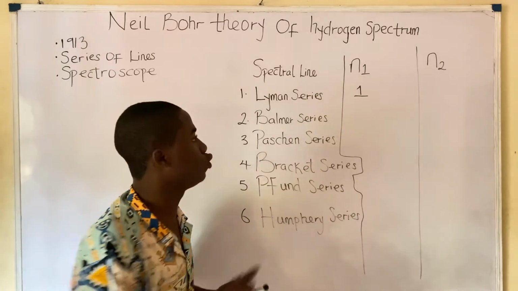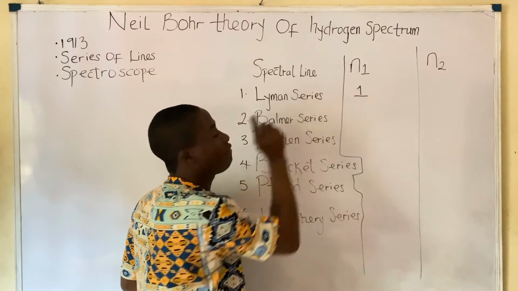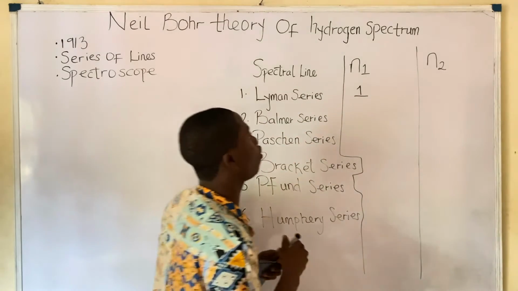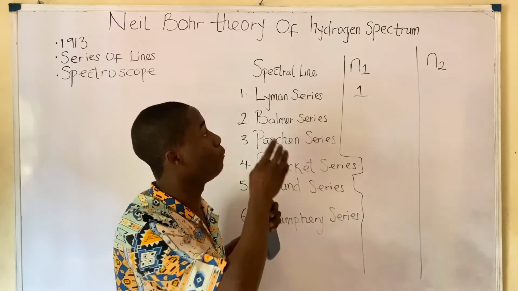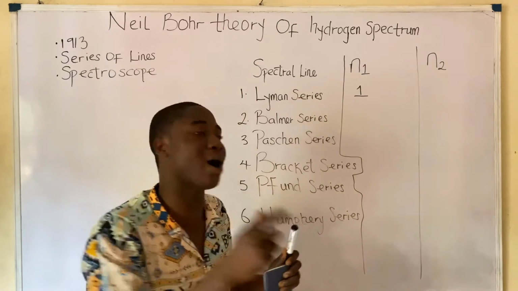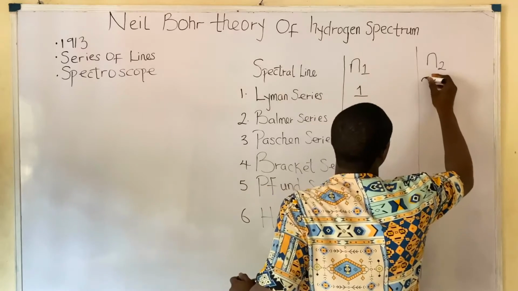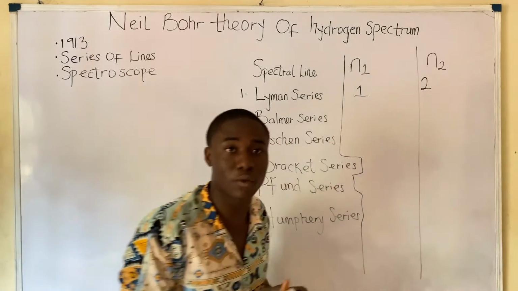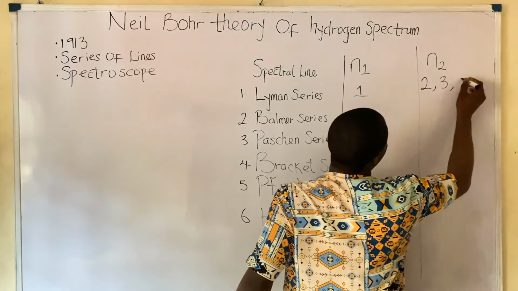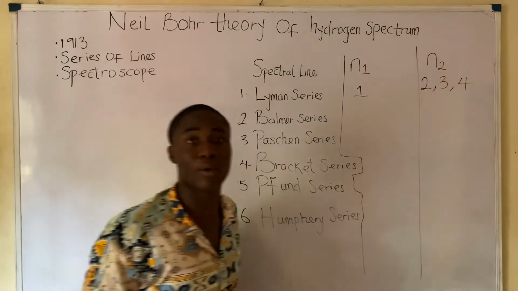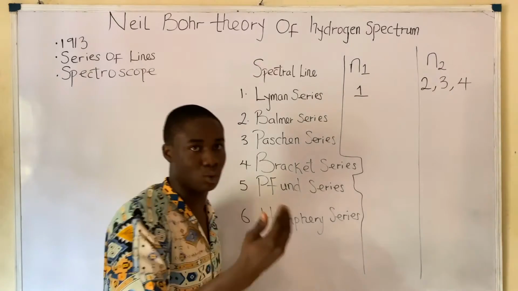So the N2 for Lyman will start from the next number after 1, and that is 2. And I said we're going to write 3 sets of numbers: 2, 3, and 4. This is how it works. I'm going to explain better as we progress.